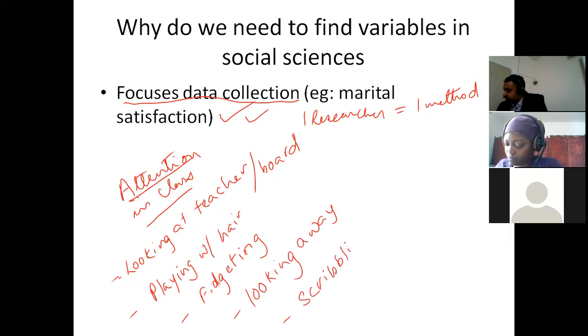I don't know everything we covered, but these are different examples of children either having attention in class or being distracted in class. Now, it might be easier for a researcher to pick two or three different factors instead of picking everything.